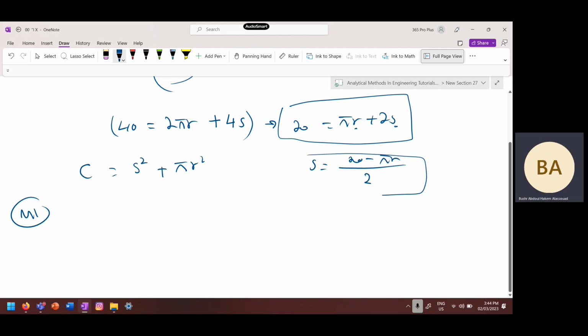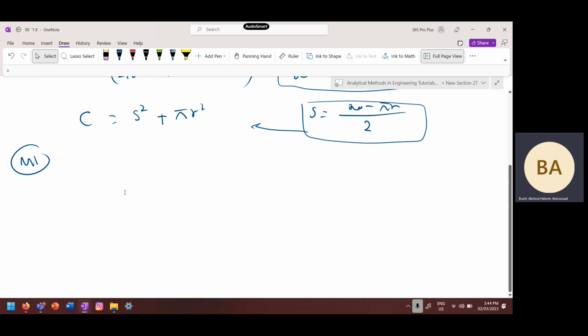That's our s. Okay, just plug it here, and you will have ((20 minus pi r) over 2) squared plus pi r squared. Okay, so method 1 will use the derivation.